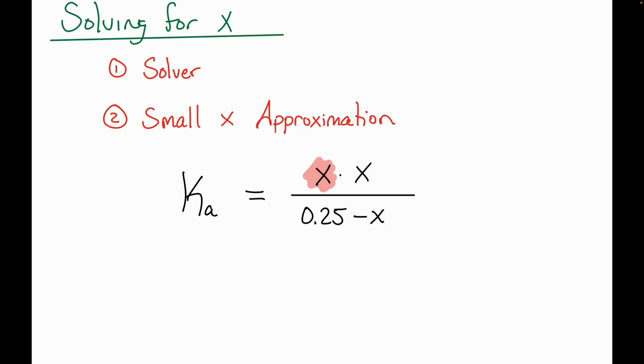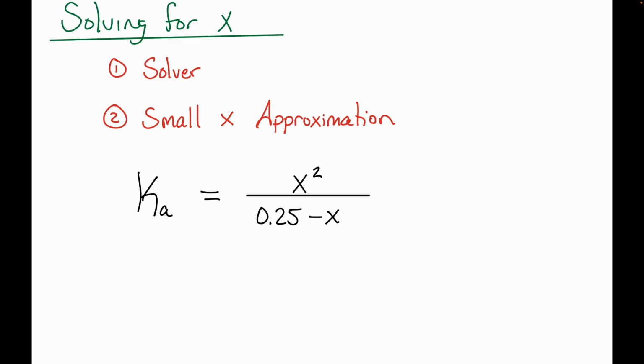All right, I'm also going to combine the, what is x times x? That's just x squared. I'm going to simplify. Okay, and my small x approximation says that since x is so small, this is some tiny number, that means that my denominator, that 0.25 minus x, is basically just 0.25.